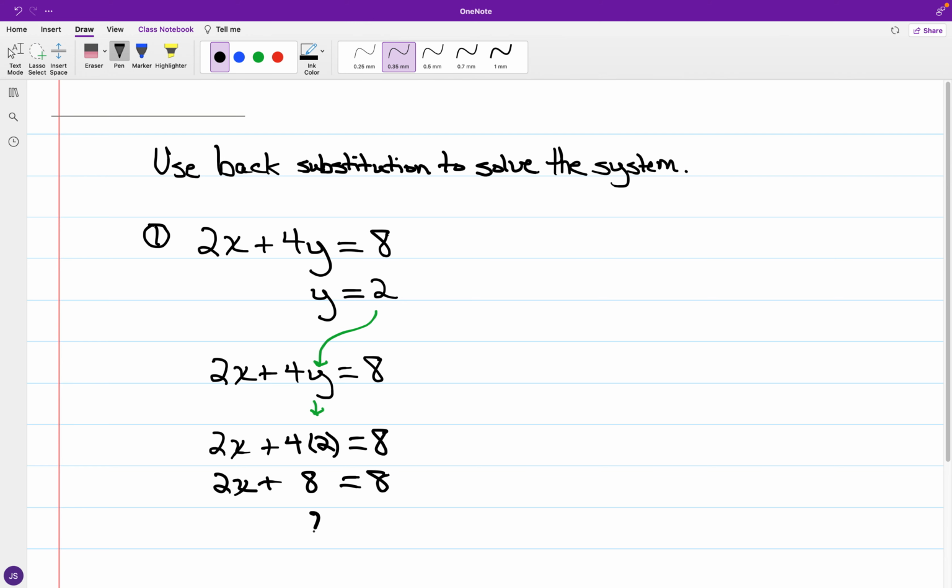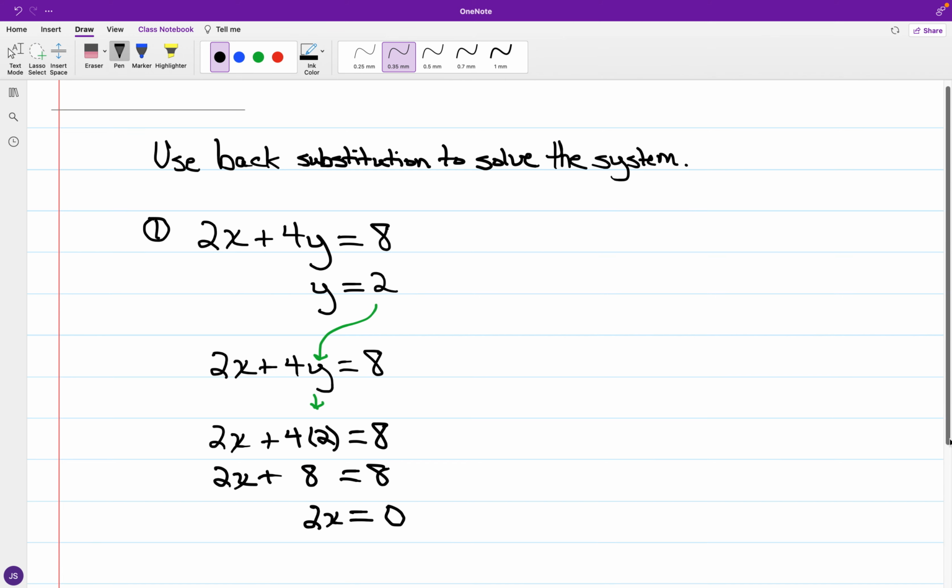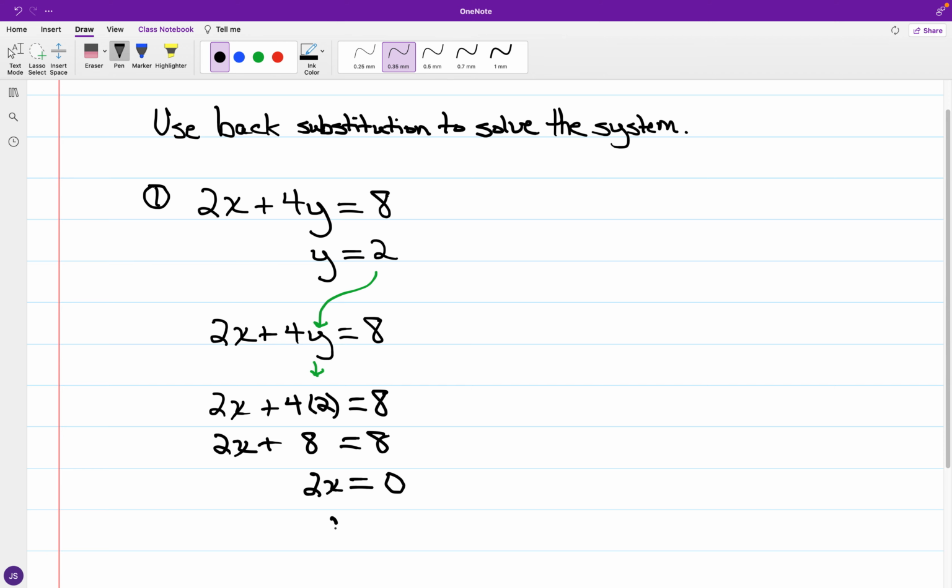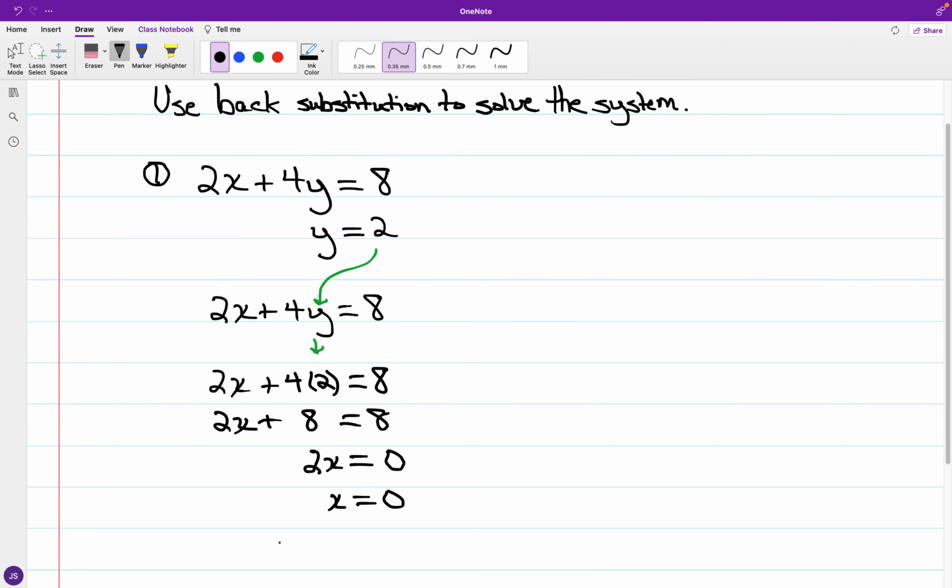If you subtract 8 from the left-hand side, we have 2x is equal to 0, and with division by 2, it turns out that x is equal to 0. So for this particular system, x is equal to 0, and y we have given as 2.